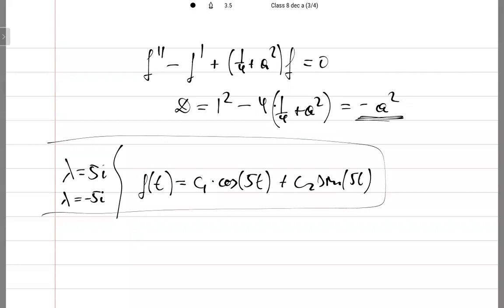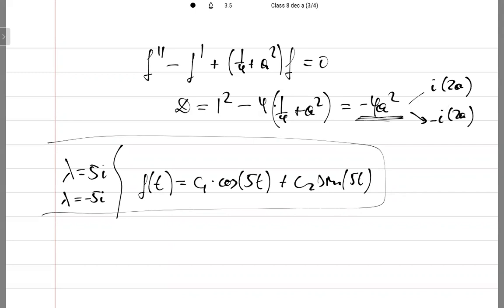So let's assume that we can safely assume that a is greater than... wait a minute, it should be minus alpha squared, minus 4 alpha squared. Minus 4, but never mind. It doesn't influence. So we have either the root is i times 2a, or the root is minus i times 2a.